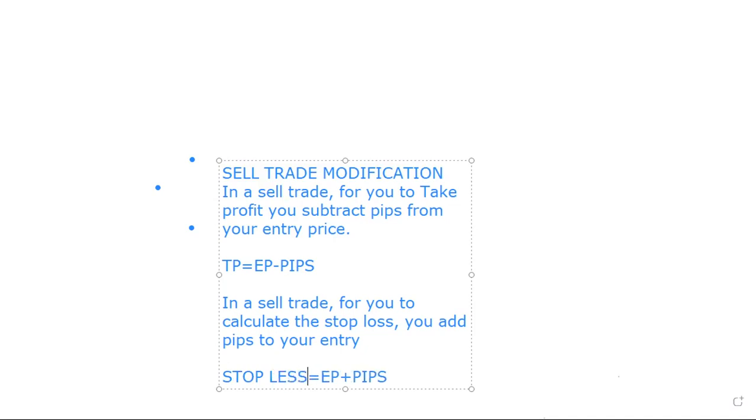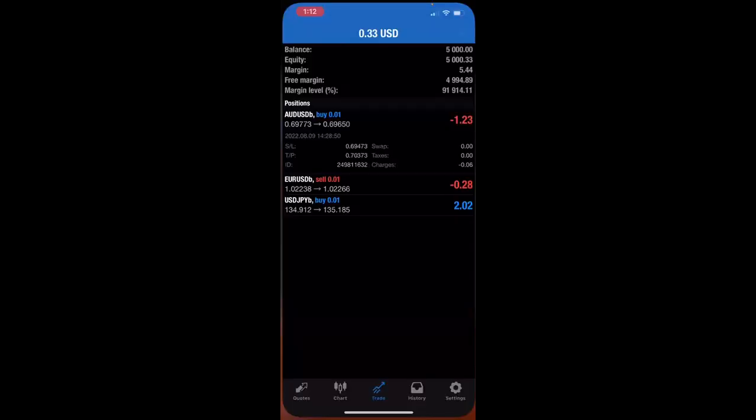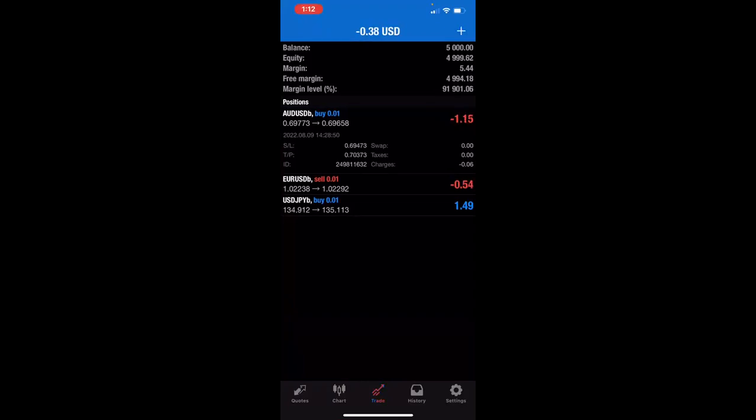So let's say that trade you entered, did we do any sell? Yes, we did. Tell me which one did we sell? Euro USD. Good. What's the entry price? The entry price is 1.02238.